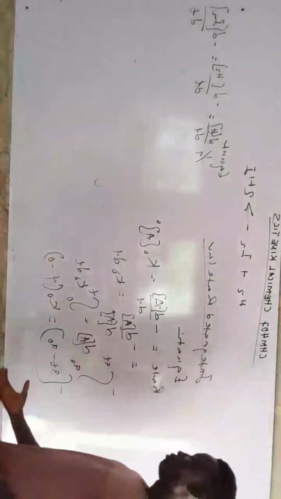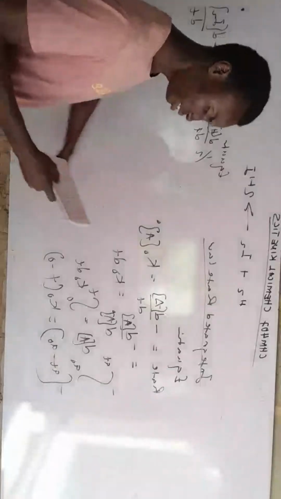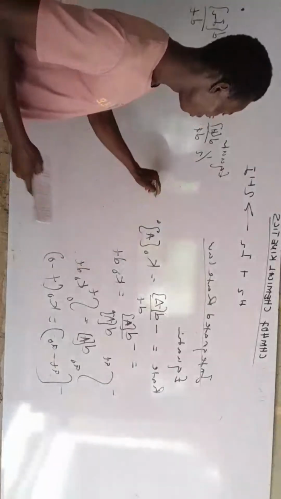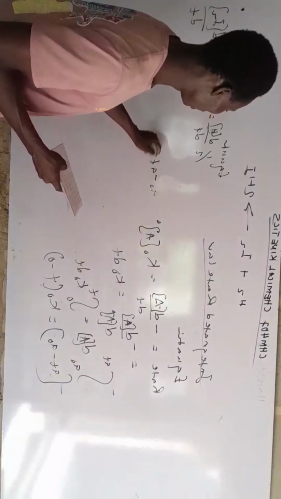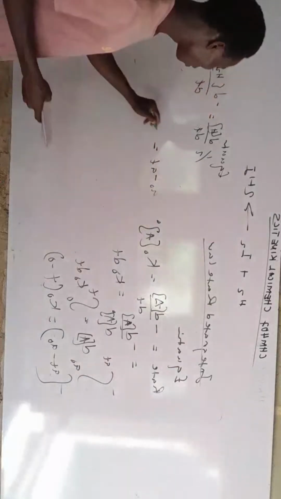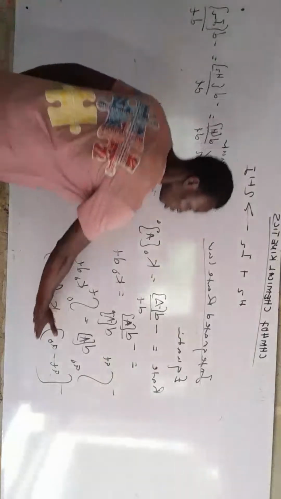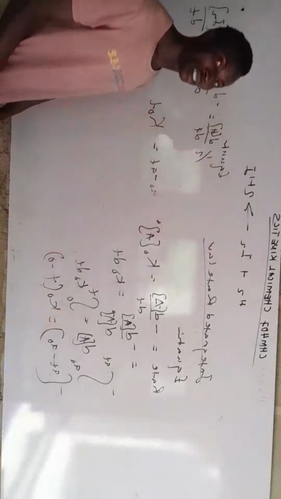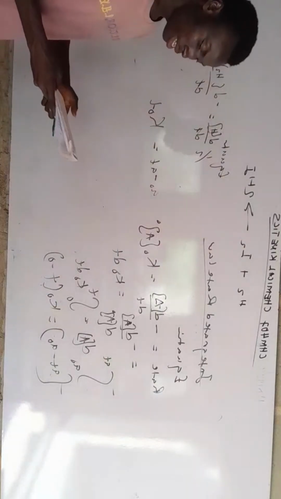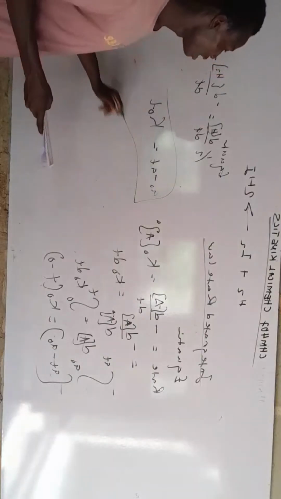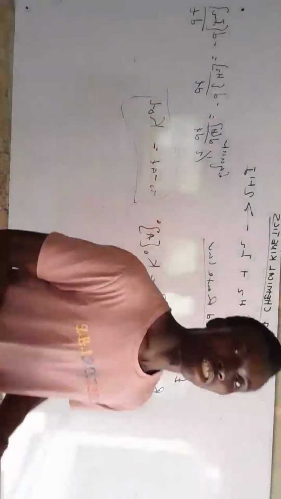And when you solve what you have here, what are you going to have at the end? We are going to have [A]0 minus [A]t equals k0 t. This is the final expression for such a given order of reaction.